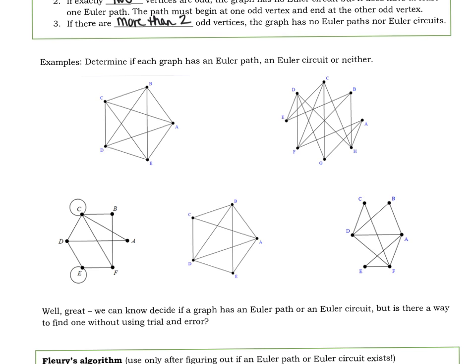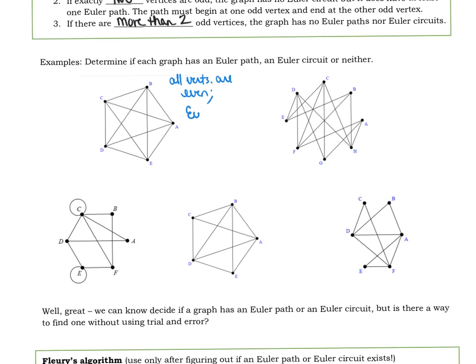So looking at the vertices of this graph and the degree of each one, you will notice that the degree of every vertex is degree 4. So all vertices are even. And so looking at number 1 up at the top of our Euler theorem there, if all vertices are even, we have an Euler circuit.